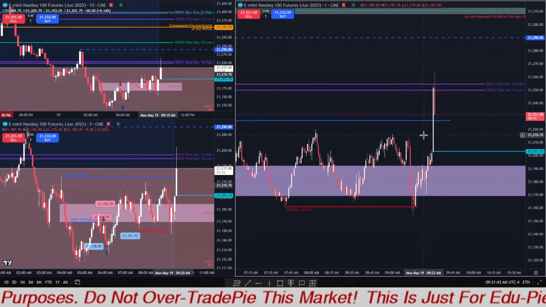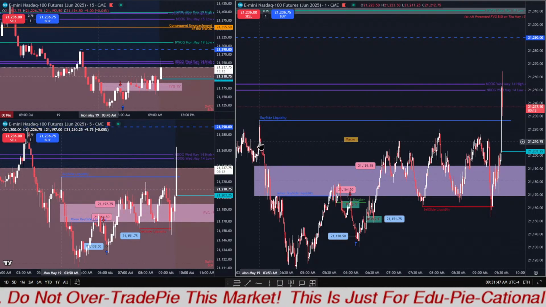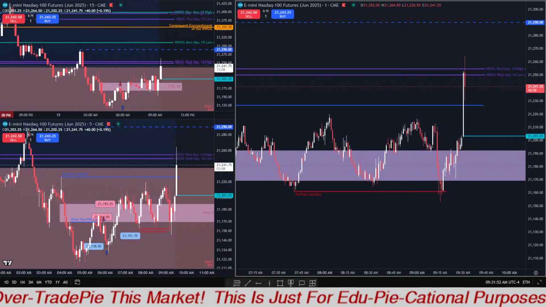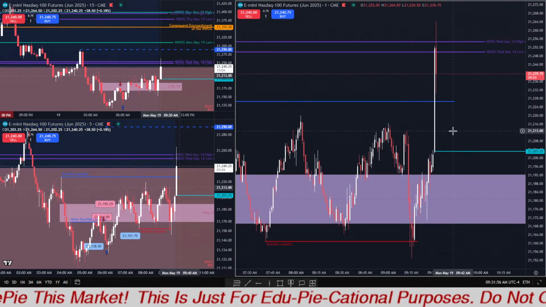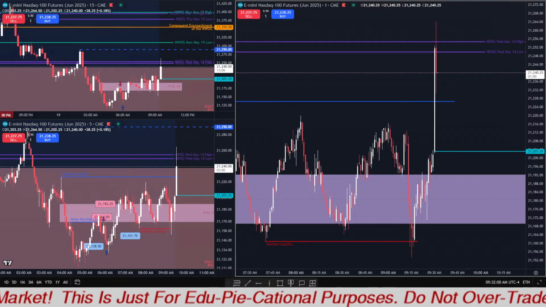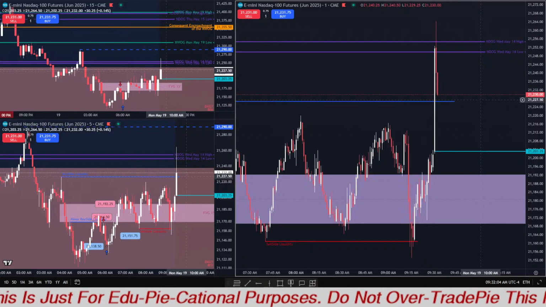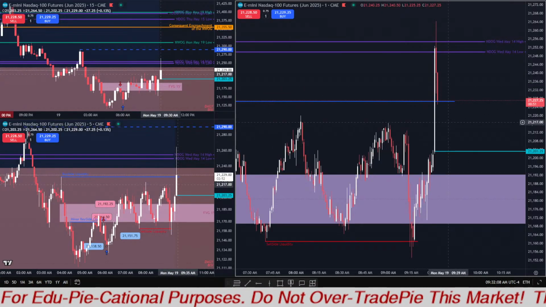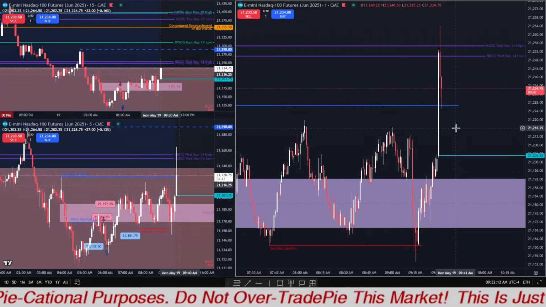Getting back to the buy side liquidity of the London session. And okay, now we have this inefficiency over here. I'm waiting for the market to create the first presented fair value gap.